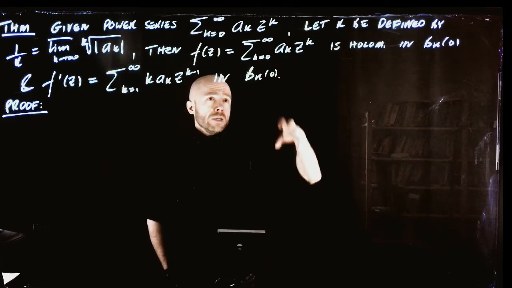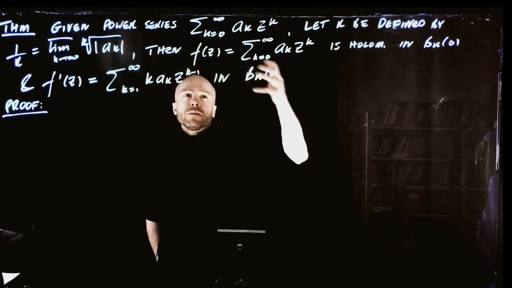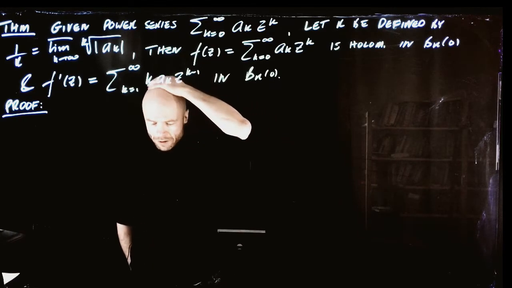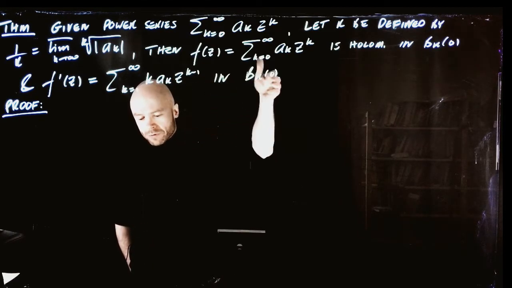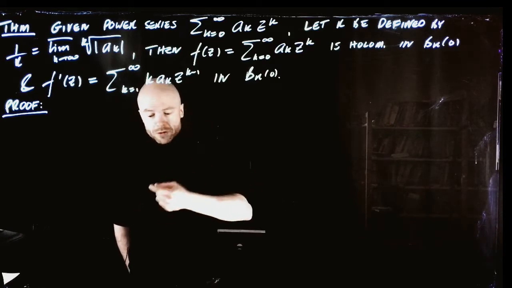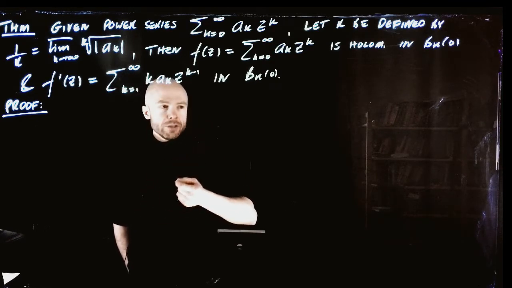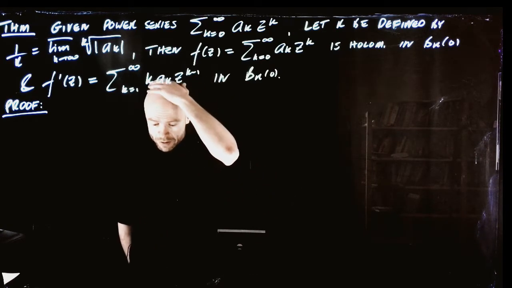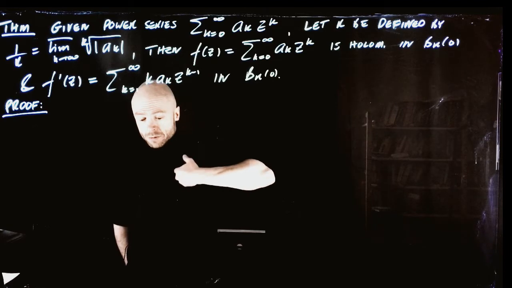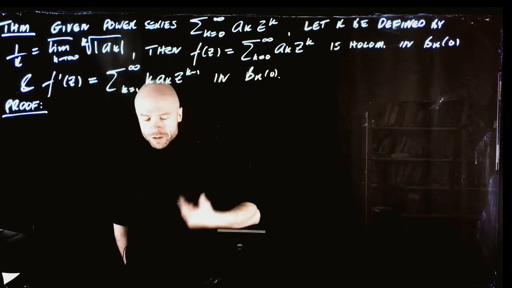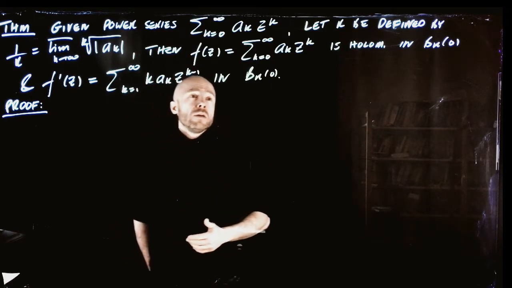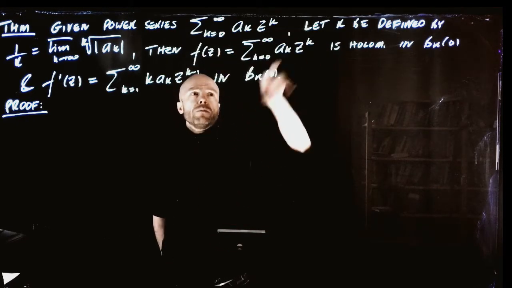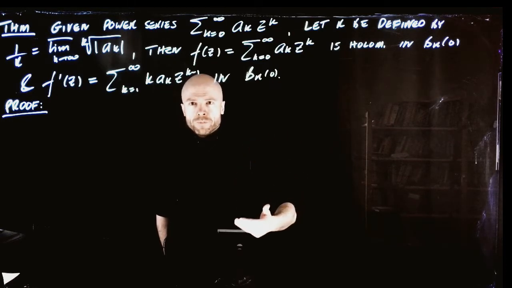So this is an extremely powerful theorem. The theorem I'm about to prove will work also for just real valued power series on the real line, and one of the consequences of that, for example, is that we can replace many of our integration methods that we learn in Calc 2 just with the fact that we can represent many functions as a power series and then integrate them term by term, right?